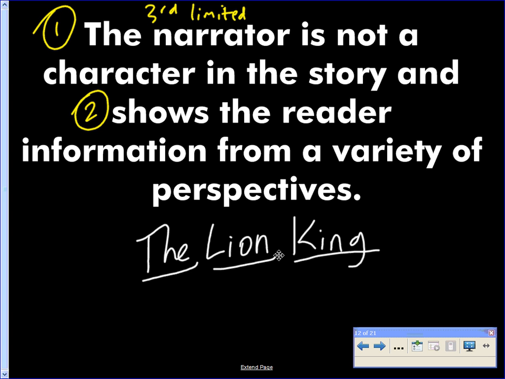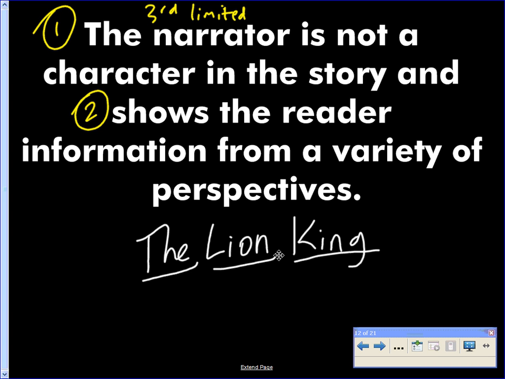So you can get perspectives from Simba, you can get perspectives from Scar, the hyenas in the elephant graveyard. Nala, I believe, is given a bit of a perspective in this narrative, and of course that crazy monkey in the tree. So as you hear the story or watch the story of The Lion King, you'll see it from a lot of different characters' perspectives.